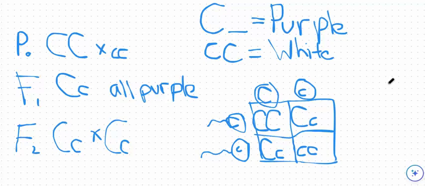So we've populated the square, and now what we're looking at in the center is all the possible genotypes of the F2 generation. These are diploid individuals. That's why we have two copies of each letter, because they have one copy on each of their homologous chromosomes.